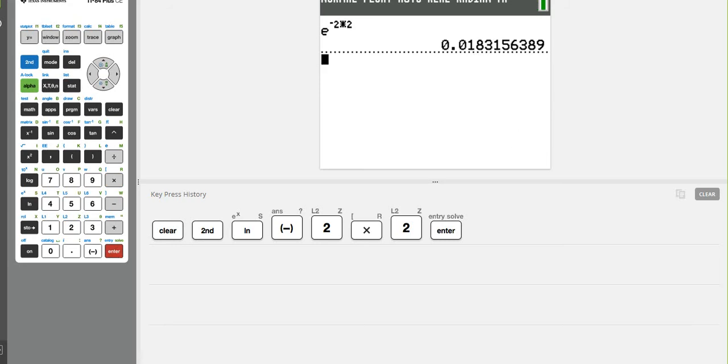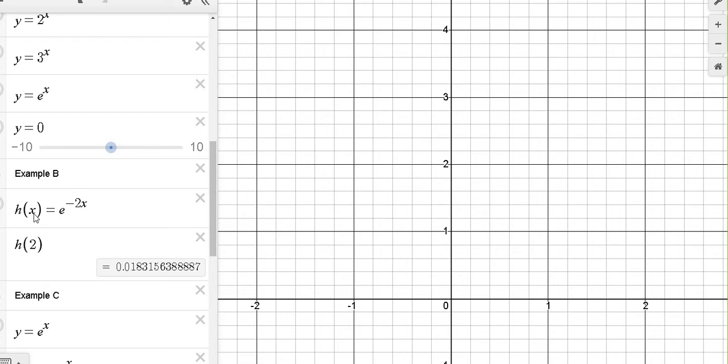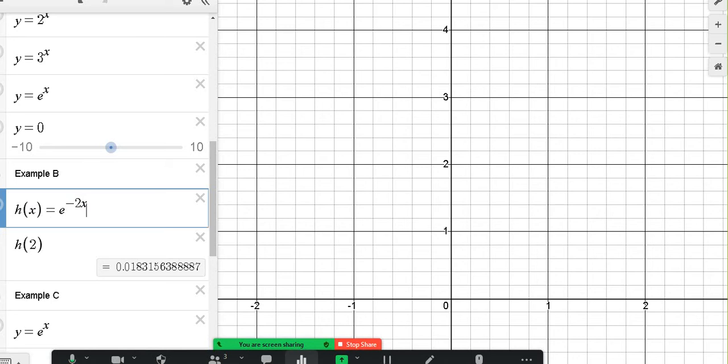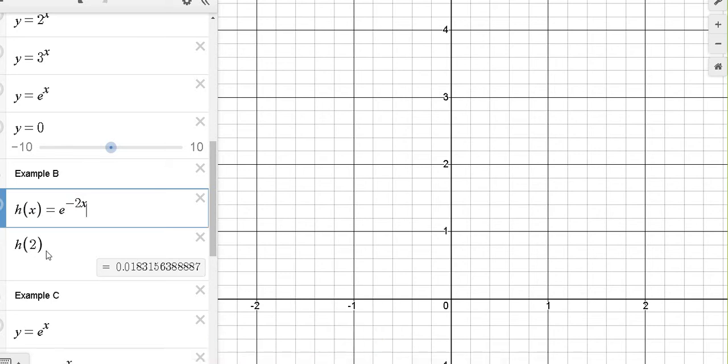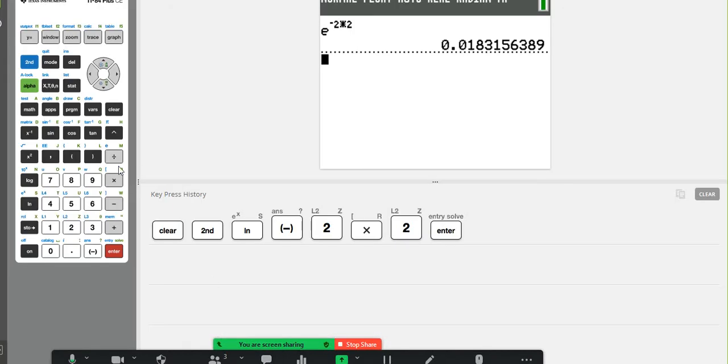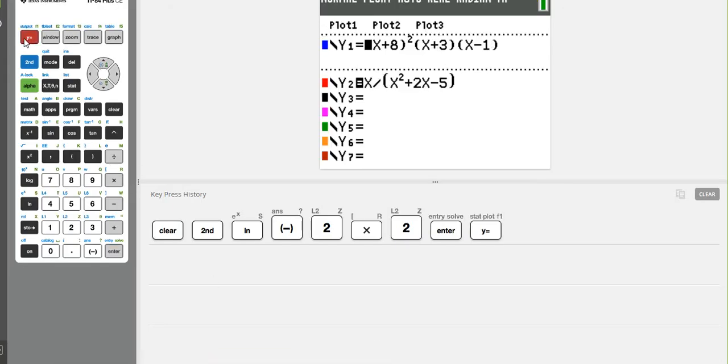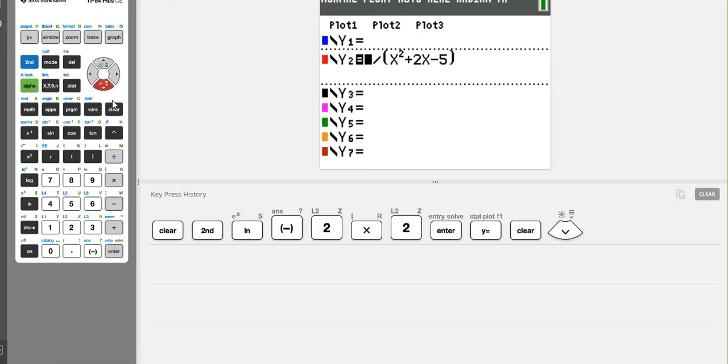So that would be our function h of x evaluated at 2, because when you put in a 2 for x, you want to put 2 times 2. You could also just type in e to the negative 4. The nice thing about plugging in decimals or maybe doing a table is that you don't have to keep on typing in the function again and again and again.